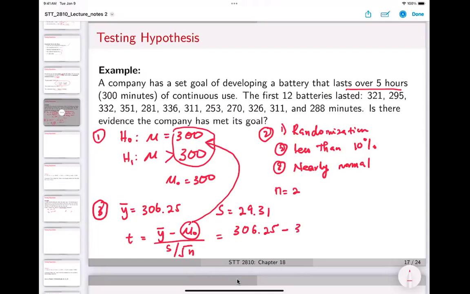It's just like what we did with proportion, where p is also the same thing here. So that is 300. Okay? And then we divide by the sample standard deviation we computed, which was 29.31, divided by square root of n. We know our n is 12. N is a sample size. Now, input this into your calculator and tell me what you get.